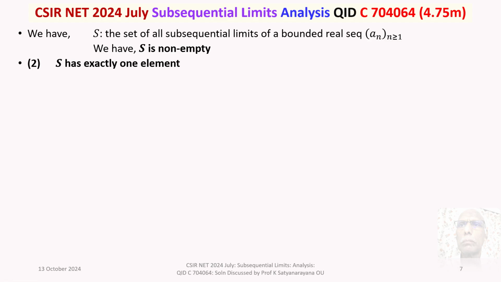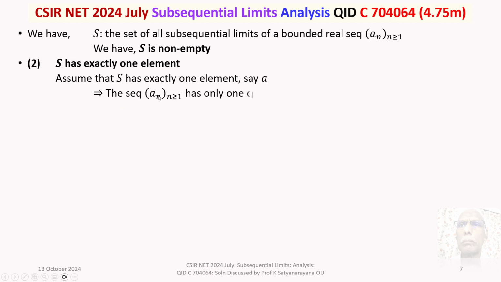Right. We'll prove that this is also not true. Now, assume that S has exactly one element, say A. So, that means the sequence a_n has only one convergent subsequence converging to A. Why?